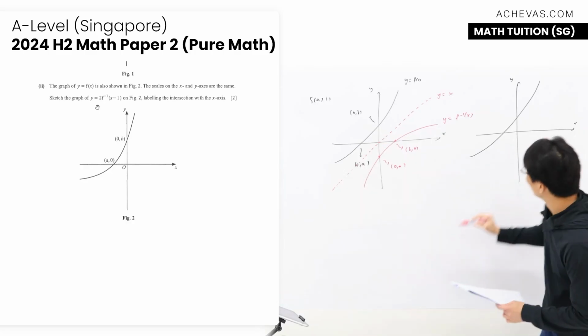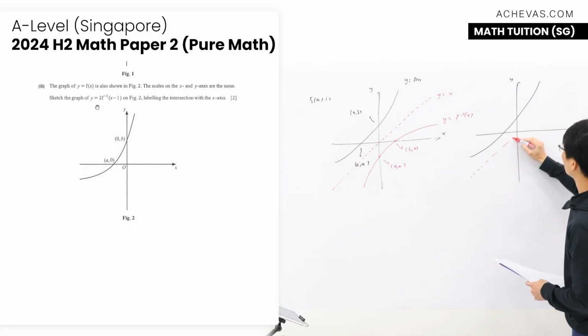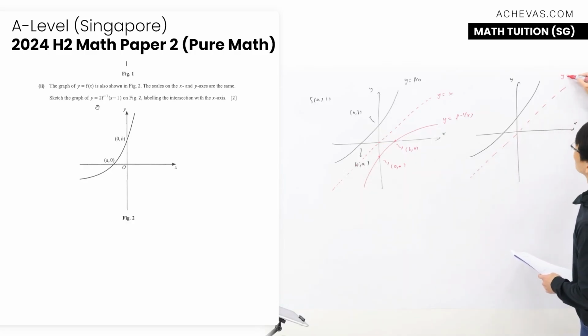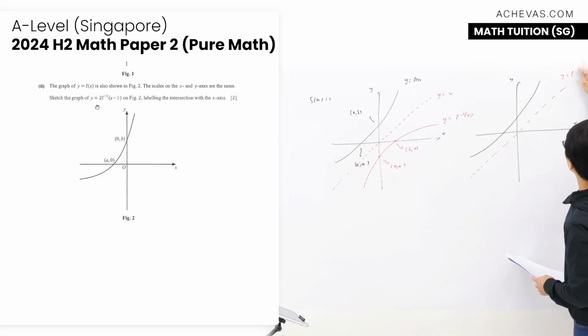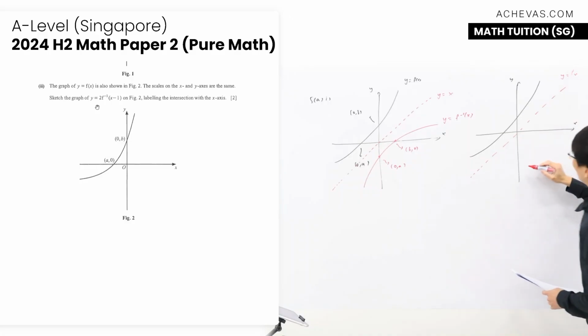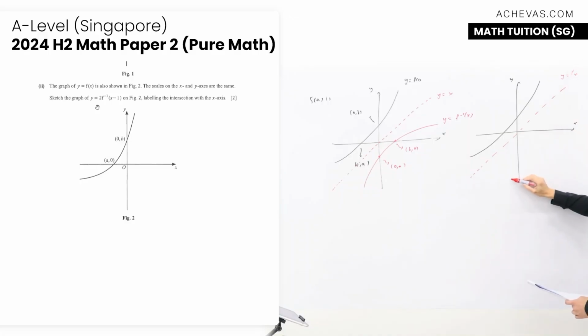Therefore, the graph will perhaps look something like this. This is the y equal to x line. And it will probably look something like this. It looks similar, but it's more to the right. This point here will just be (b plus 1, 0). This point I can't label already.